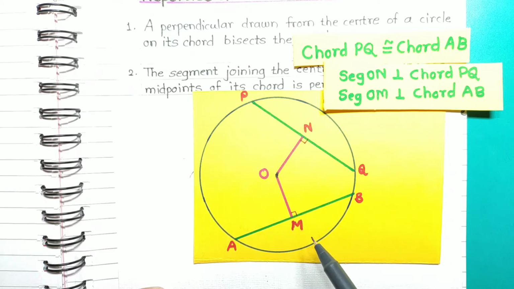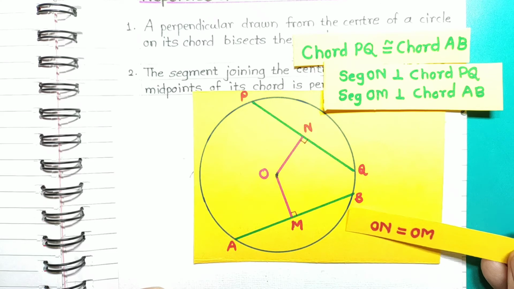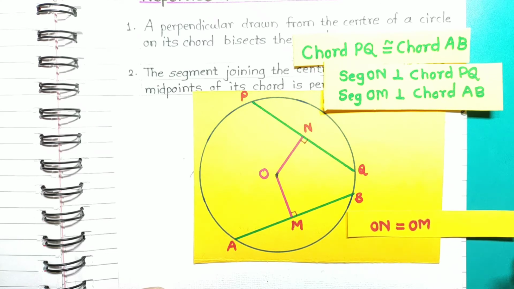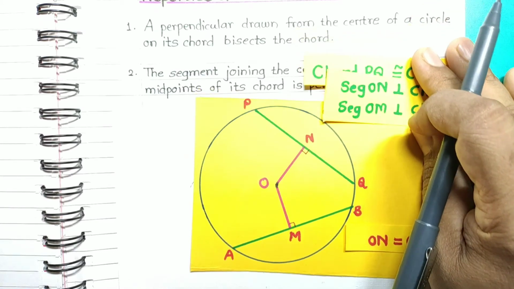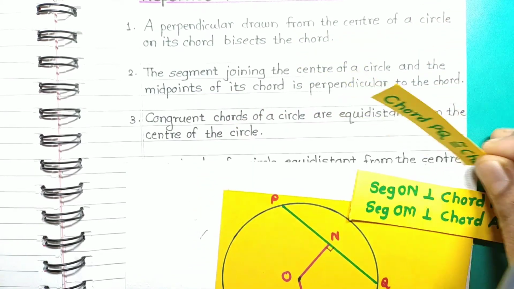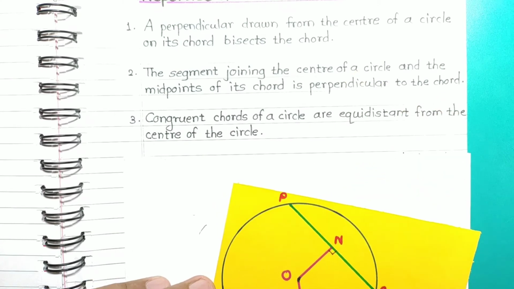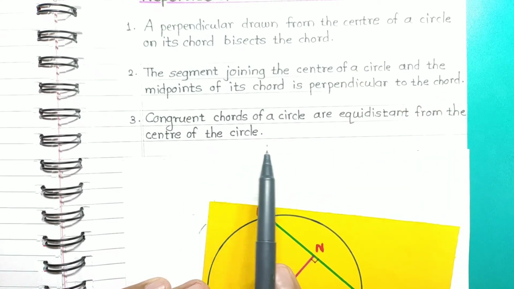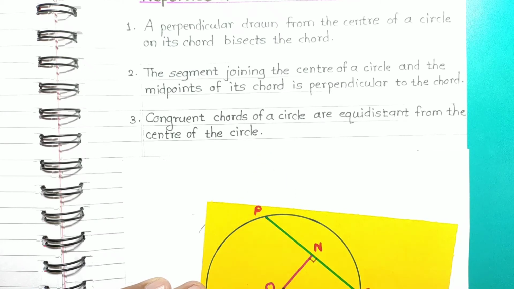So in such a case the conclusion is that these two distances are the same. Here ON is equal to OM. So what is this property? It is, see, congruent chords of a circle are equidistant from the center of the circle.